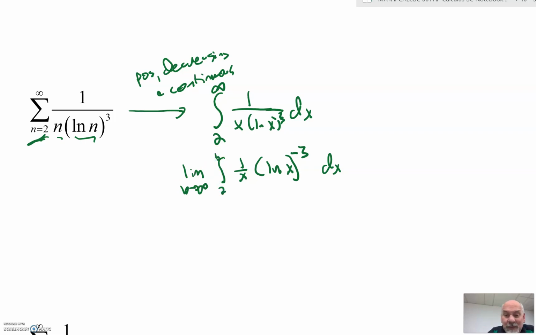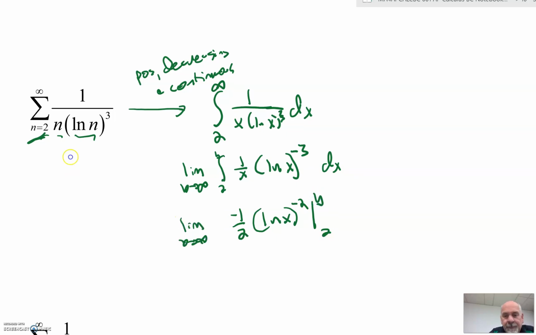Okay, so I just got to work out what this is. The derivative is present, so I'm good to go. Leave the inside alone and increase the exponent by 1. Put the reciprocal in front. Evaluated from 2 to b, limit as b goes to infinity.